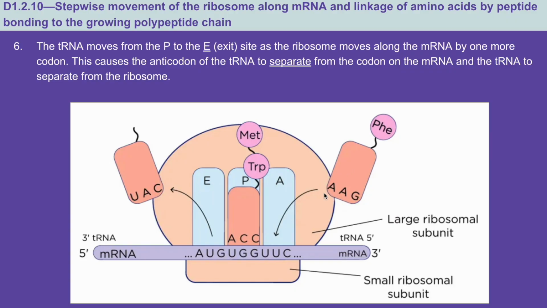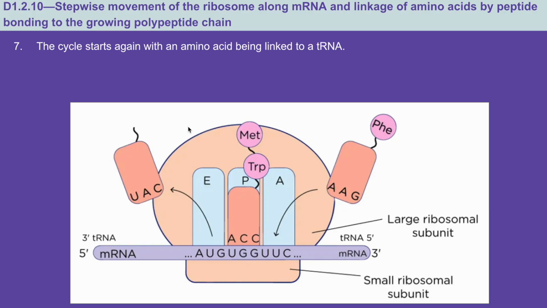That is now going to have an anticodon complementary to the next codon on the mRNA because we've shifted over. The cycle starts all over again. This growing polypeptide chain is going to get passed to the tRNA in the A site. A peptide bond will be formed. The ribosome shifts again.